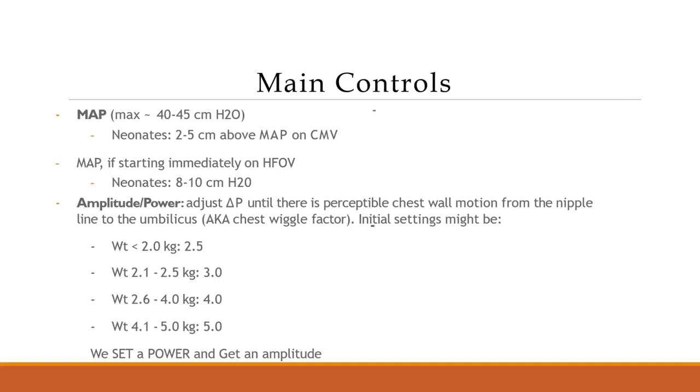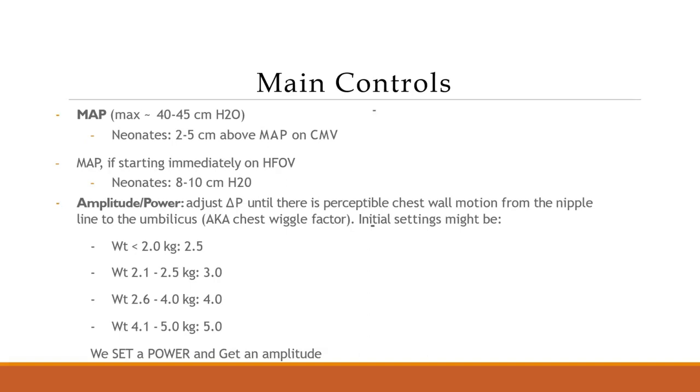The rate's already going to be set pretty high. Peak pressure, rate, and PEEP are what makes mean airway pressure, right? So it's already going to be set pretty high. So we're just going to go up a smidge from that in order to set up our mean airway pressure, okay? So whatever it already is on the ventilator, if it's 8, 10, 12, 15, whatever it is, we're going to go up just a smidge above it, okay?